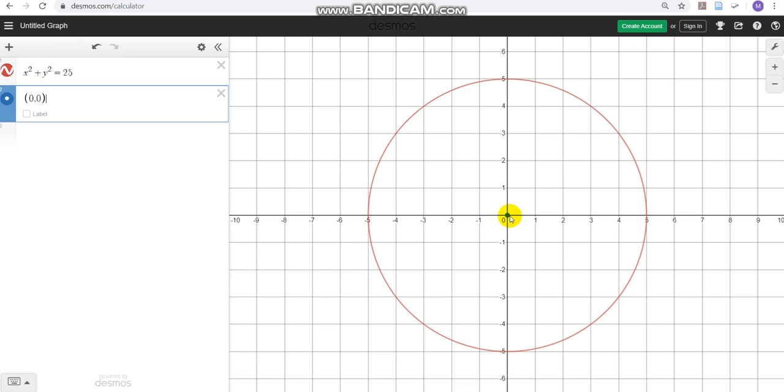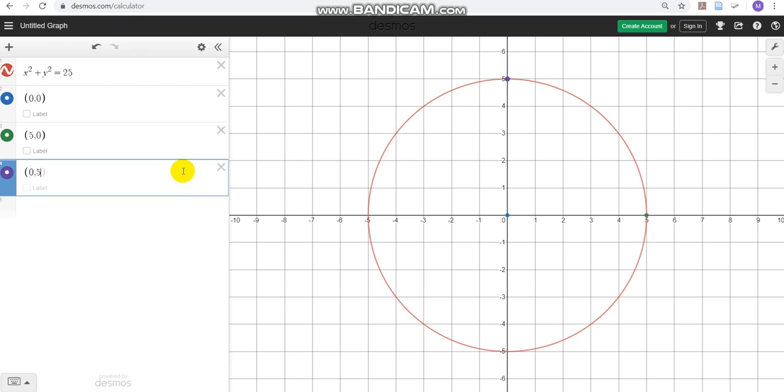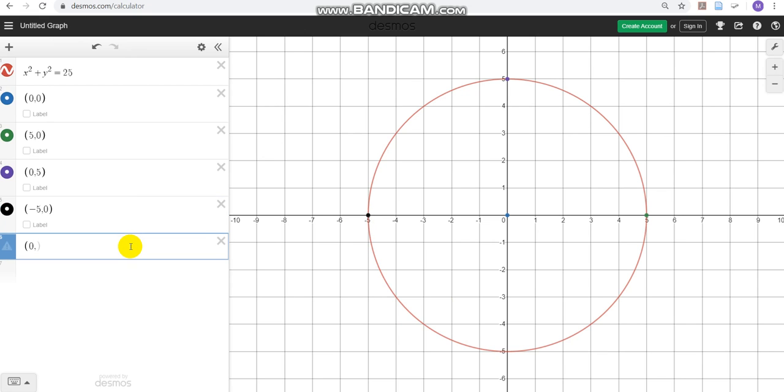If you had to graph it on paper, I would suggest making 4 points on the outside of the circle. For example, a point here at 5, comma 0, a point up here at 0, comma 5, a point at negative 5, comma 0, and a point on the bottom at 0, comma negative 5. Plot those points and you can create a nice little circle.